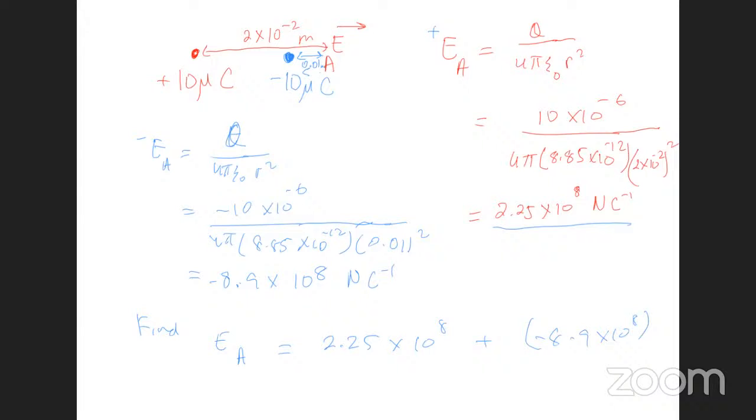It's like finding the resultant force, because at A you have an electric force acting this way and an electric force acting this way. So the resultant is the electric field strength. How much is that? Negative 6.65 by 10 to the 8.